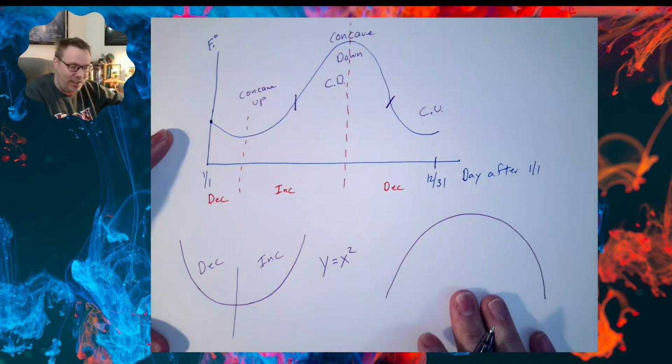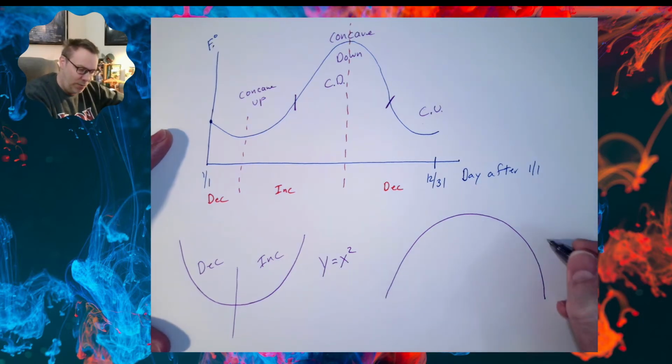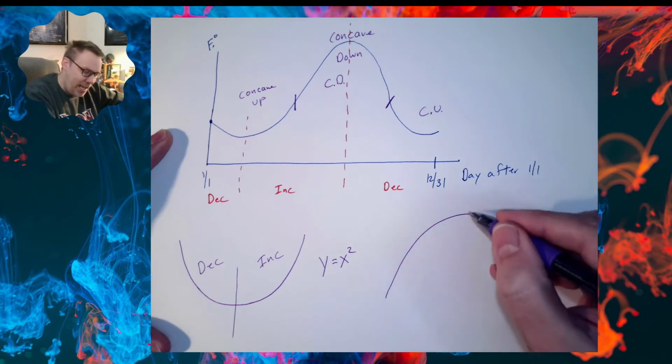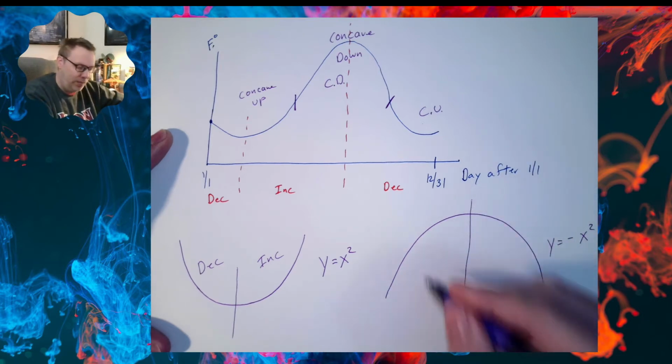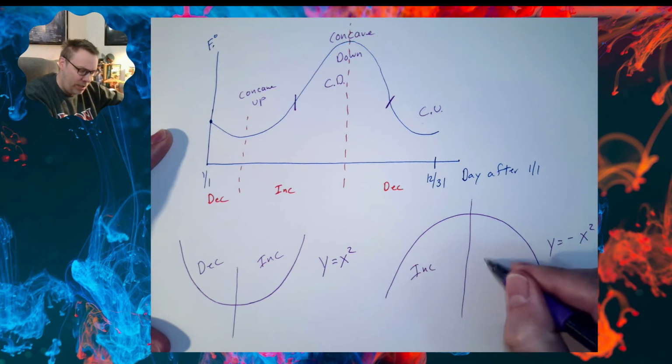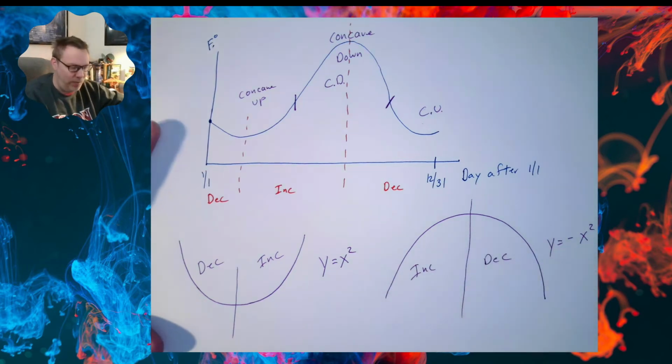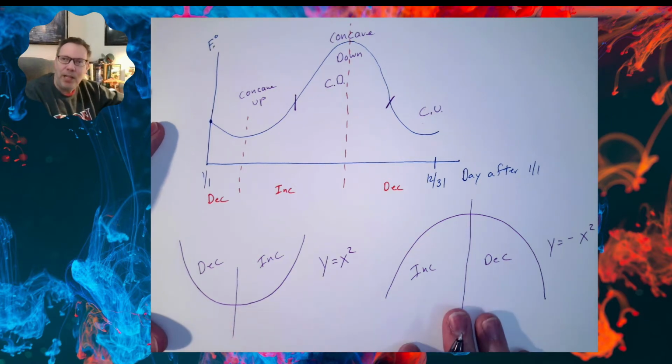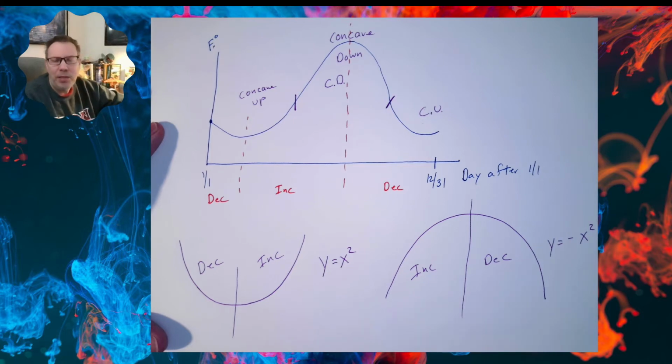It's like the downwards facing parabola. In other words, y equals negative x squared. And again, there are two versions of it. There's an increasing version and a decreasing version. These are the possibilities that we have for this concavity. Well, except for a straight line.